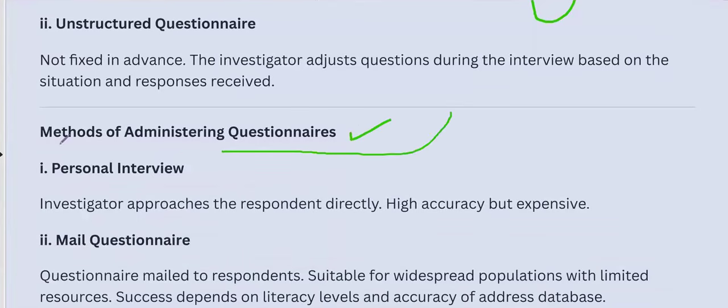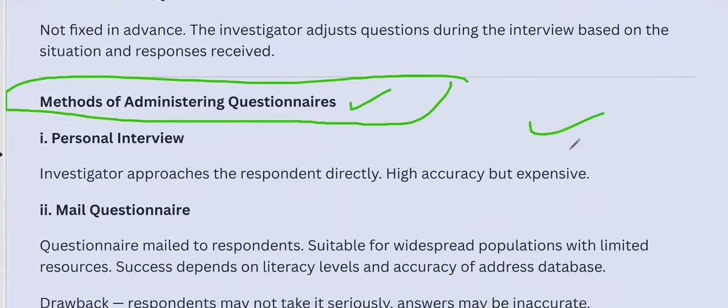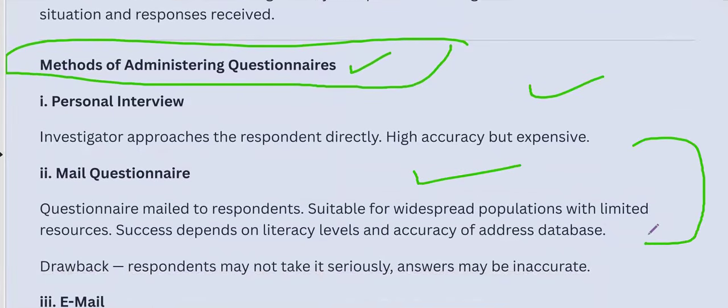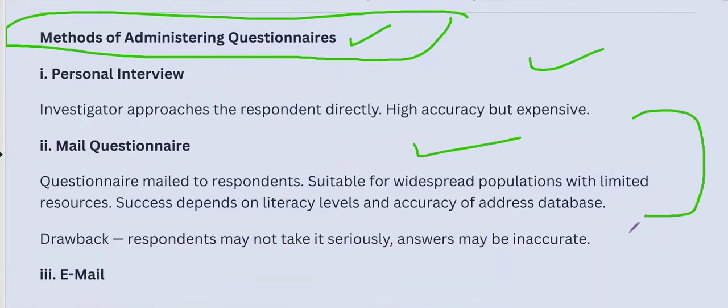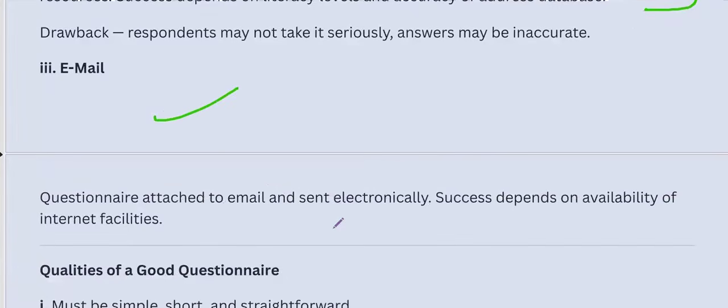Methods, how you can administer these questionnaires. You can conduct a personal interview with people. You can mail the questionnaire to people, but the drawback is that the respondent may not take it seriously. Many a times you are not seeing the mail properly. Answers may be inaccurate. In a personal interview, the accuracy will be more, but it is extremely expensive. Then we have emails.